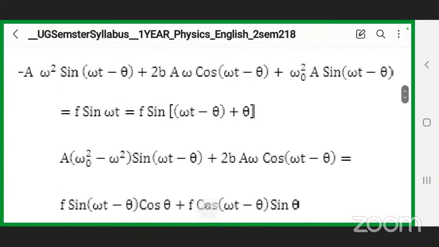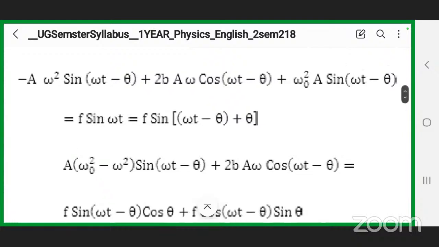So in this equation, why I am stressing it is because this is important as a question. That's what I am repeating. So is it clear now? F sin omega t minus theta.